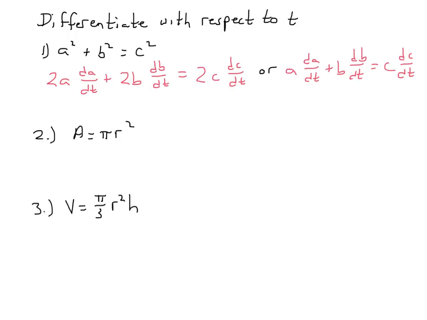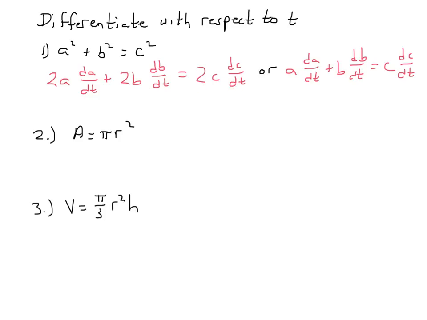In the first one, which I've already done here, and I hope that you've done yours as well, I had to use the power rule and the chain rule. So when I have a squared, the derivative of something squared is going to be 2 times that something, times the derivative of a with respect to time, so times dA dt, plus 2b times dB dt equals 2c times dC dt.